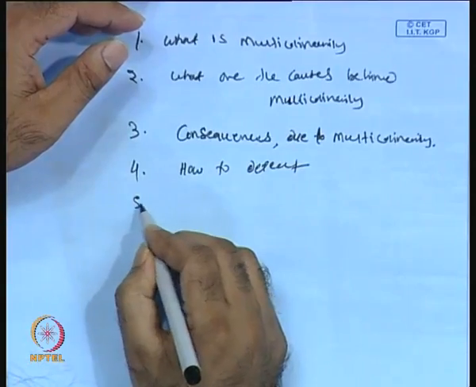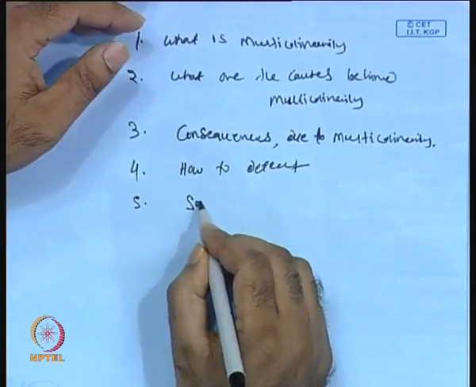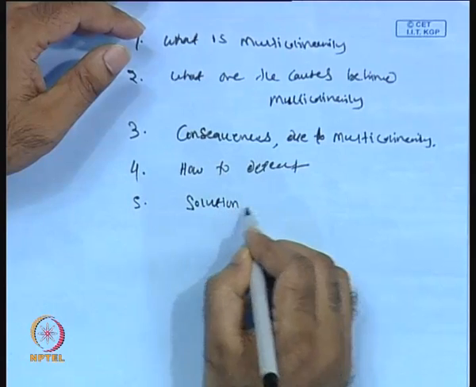Okay. The fourth issue is how to detect this, and some detections are very easy, some are very complex. For that you have to go for simple, typical procedural measures on how to check the multicollinearity. Okay. Then fifth is the solution to multicollinearity.